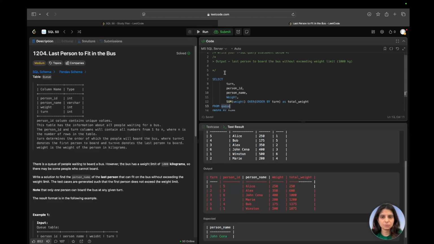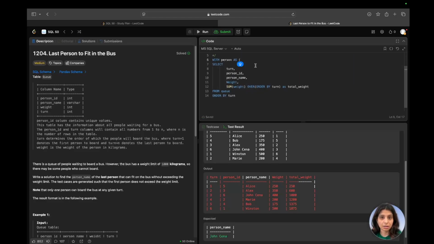How we can do that is I have to select the person name. I'll make a CTE, with person as, you can give it any name.